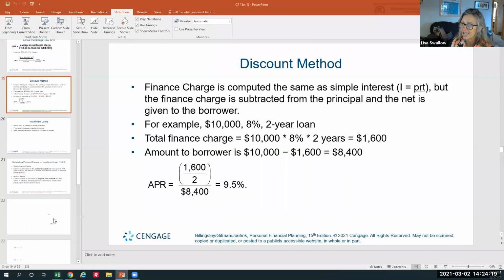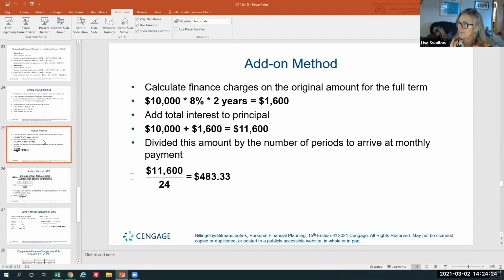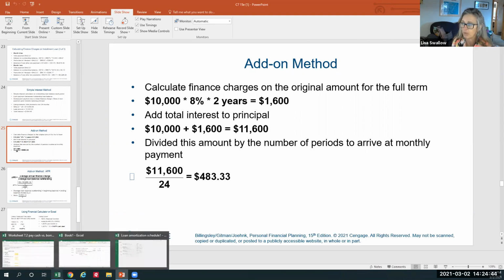The only one that we didn't get to on Thursday was add-on interest. This is pretty rare, but I'm going to just show you really quickly. You calculate the interest over the full time, or principal times rate times time. You add that to the principal, and then you divide by the number of periods to get your monthly payment. So let's just do a quick example of that, and then we'll look at the homework.